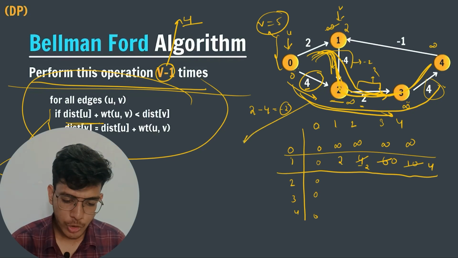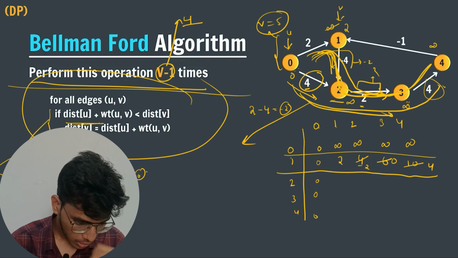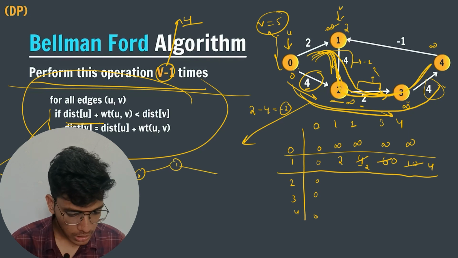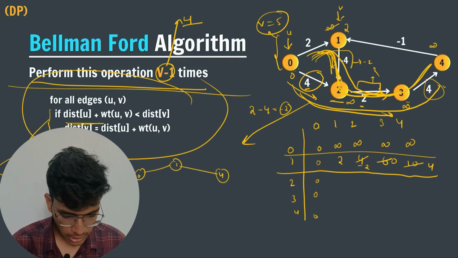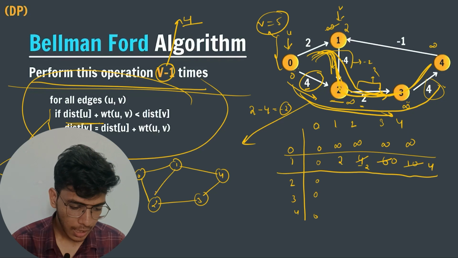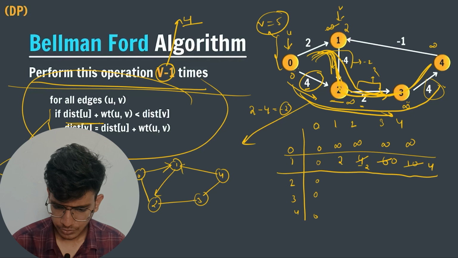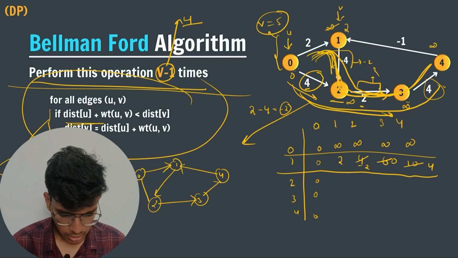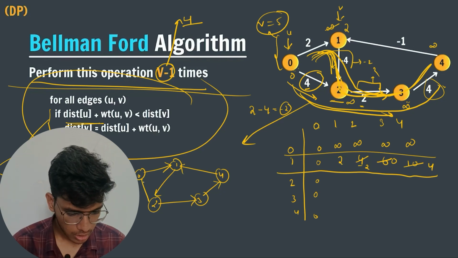Now the graph which I am having is: 0 is connected to 1, 1 is connected to 4, 4 is connected to 3, 3 is connected to 2, and 2 is connected to 1, like this. Okay, let me give the directions also. Like this.